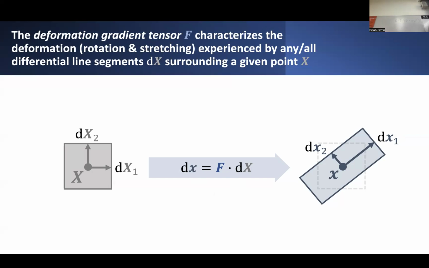It's worth noting that this deformation gradient will operate on different vectors in different ways. So this dx1 will be rotated and stretched, whereas this dx2 will also be rotated, but not stretched, but actually shrunk a little bit. So depending on the initial orientation of the line segments you're looking at, the line segment might stretch or rotate in slightly different ways.